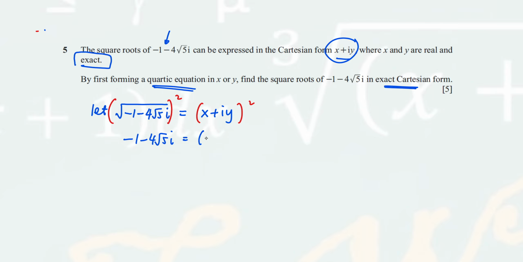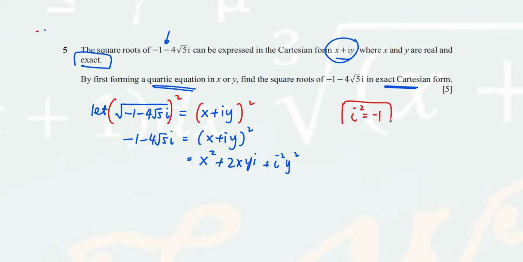Then you will write x plus iy squared. Now do expansion for the quadratic. It will be x squared plus 2xyi plus i squared y squared. When doing expansion, remember i squared is -1.